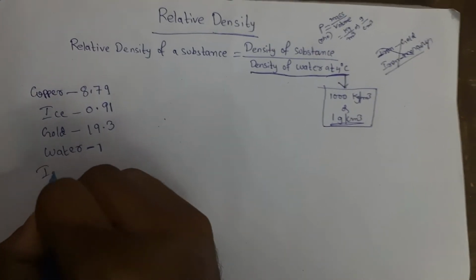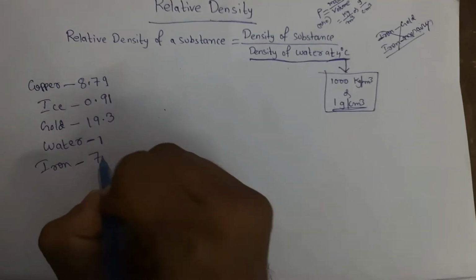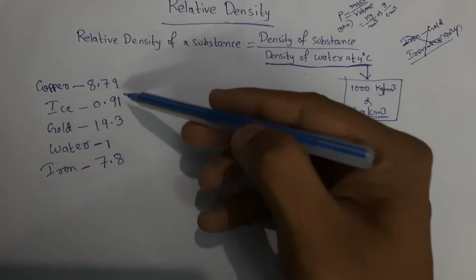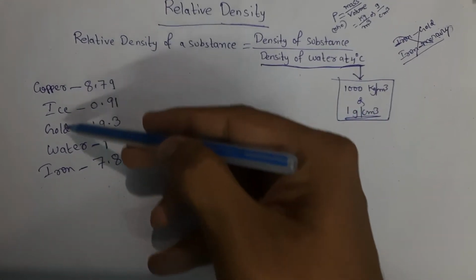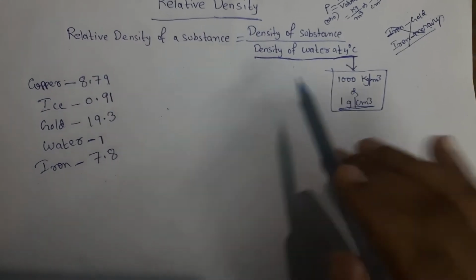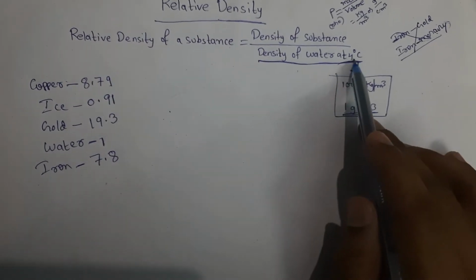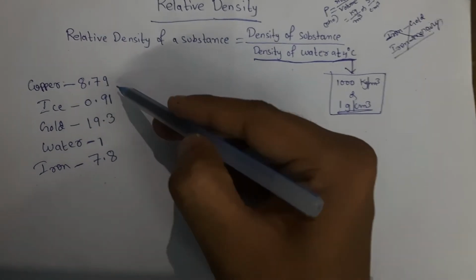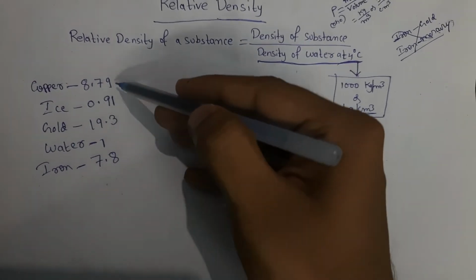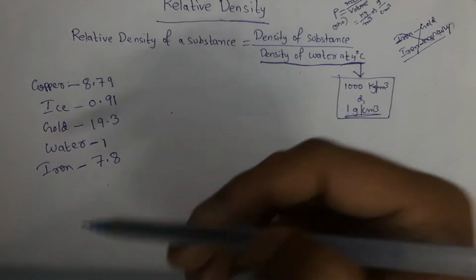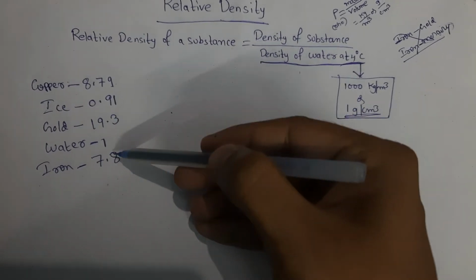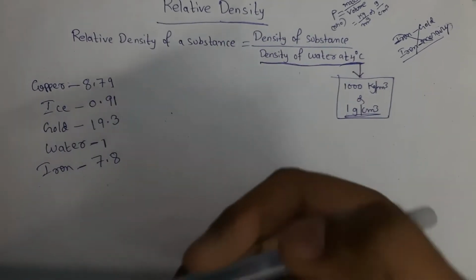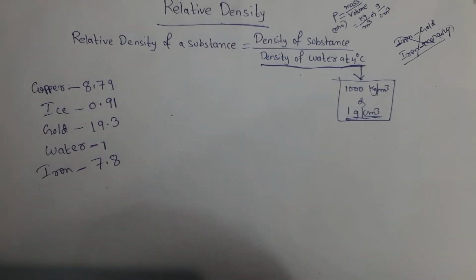And again, iron is 7.8. So we have found the relative density of all these substances with reference to water's density at 4 degrees centigrade. Now we can easily compare the density of copper with ice, gold with iron, gold with copper and so on.